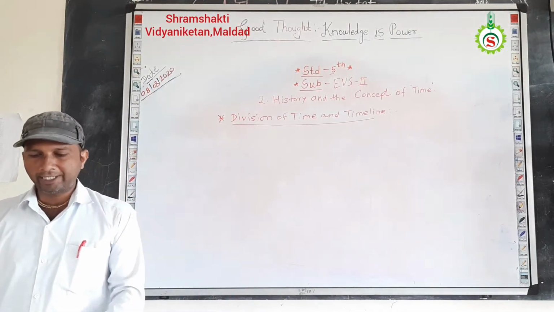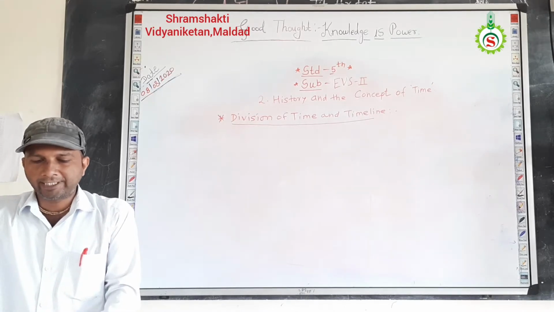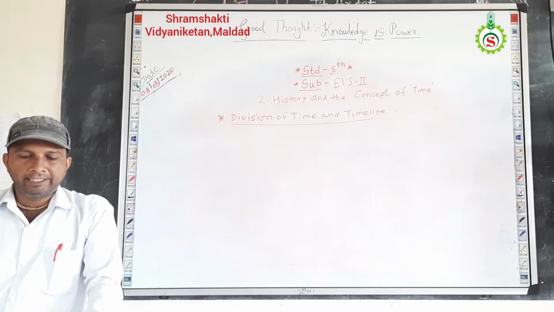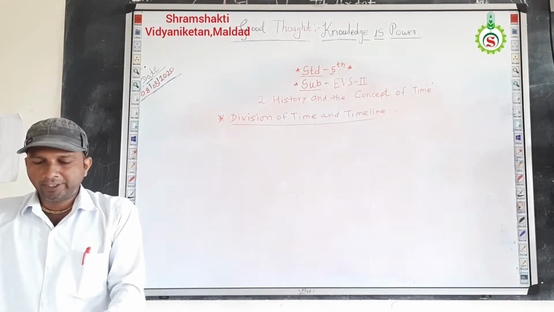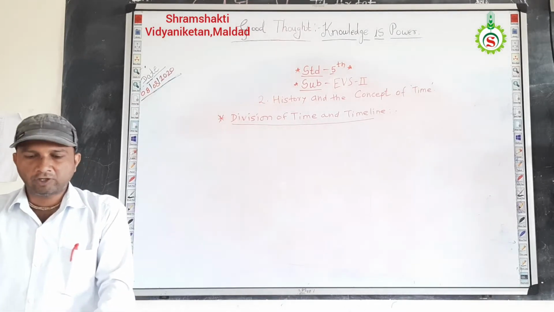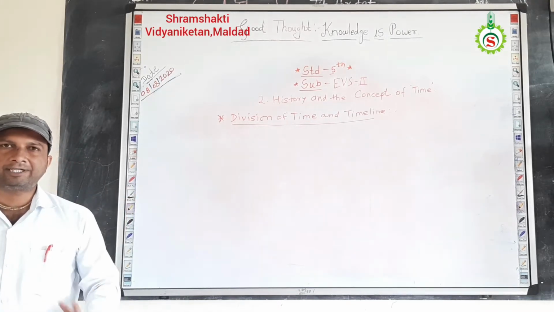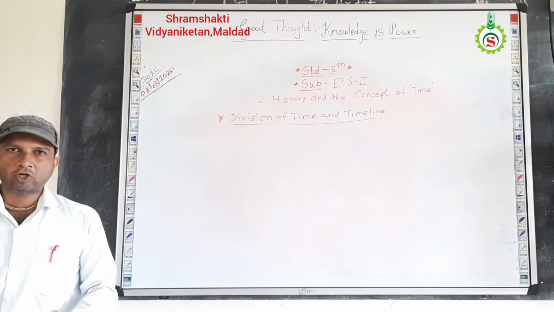There are different methods of recording time. Many different people measure time in different units. Time is continuous, means from that period up to the present period time never stops.